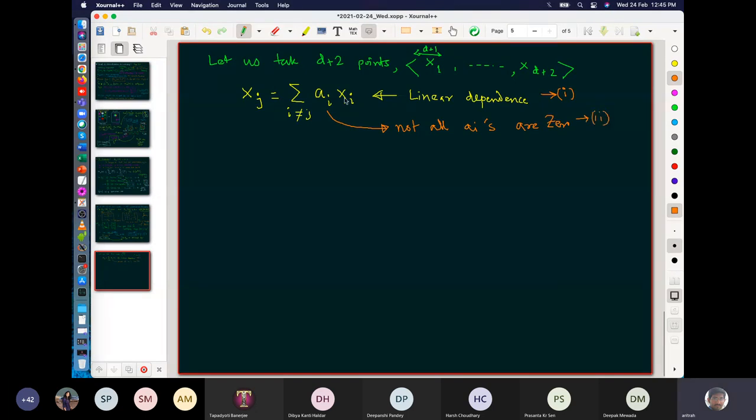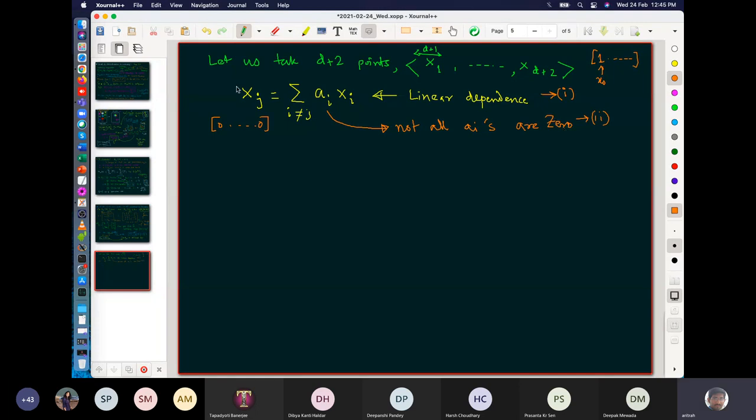Why? Because with d plus 1, each individual point at least has a 1 in the front. The rest could be anything in the point. But this is my x0 of the perceptron. So if all ai are 0, then xj would produce an all zero vector. That is not possible. So some ai should not be 0. Agreed? Yes, sir. Good.